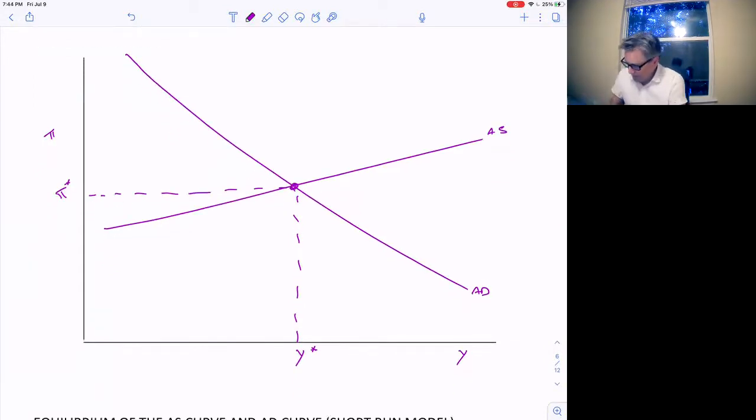And this equilibrium is where the quantity of aggregate supply is equal to the quantity of aggregate demand. And that quantity is Y star, which is also equal to C plus I plus G plus net exports.